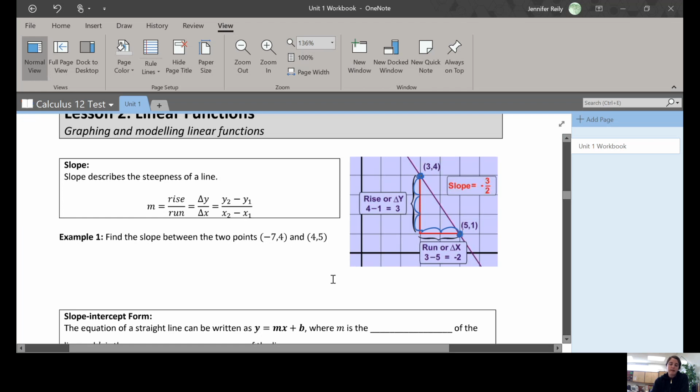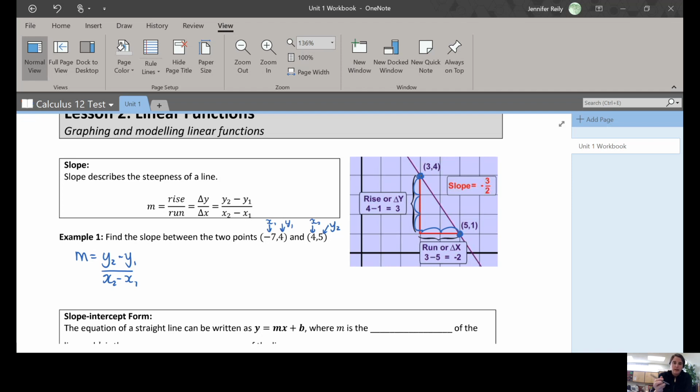So if we have 2 points, to find the slope, we can just use the format of the equation y2 minus y1 over x2 minus x1. So the x values would be your x1 and your x2, and the y values would be y1 and y2. It doesn't matter which point you choose to be point 1 and point 2.